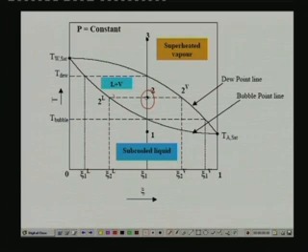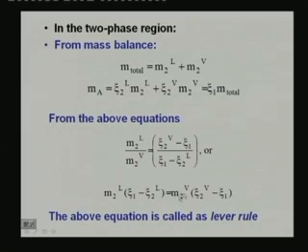The total mass into this distance will always be equal to mass of vapor into this distance. So, as this distance increases, you will find that this point moves closer to this dew point line, that means vapor concentration increases. Similarly, when this point moves this side, you will find that liquid concentration increases. So, that is what is shown in this equation.